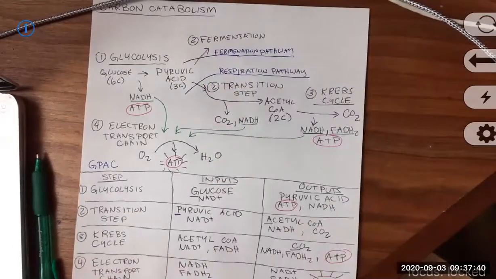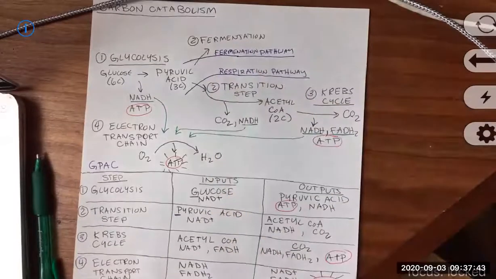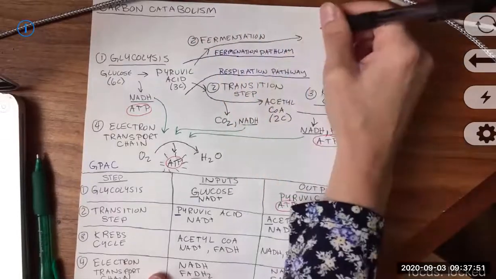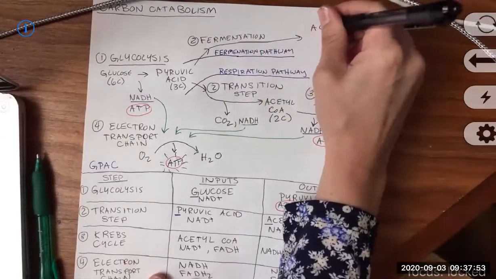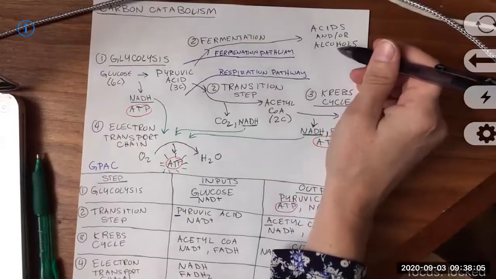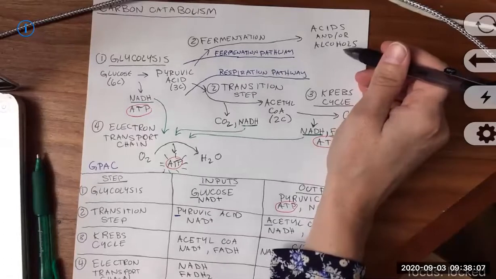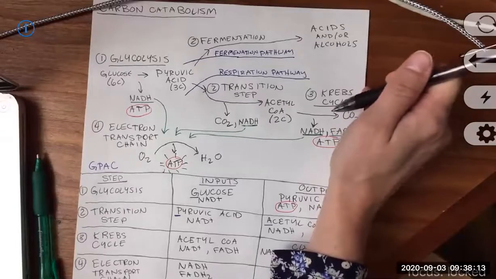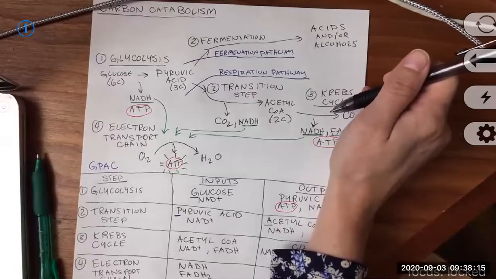And so in fermentation, this pyruvic acid, or a derivative of pyruvic acid, will get converted into fermentation products such as acids and or alcohols. There's a large diversity of options of different acids and alcohols that can be produced through fermentation, so I'm not going to write them all. I just want you to know that acids and or alcohols are the fermentation products.